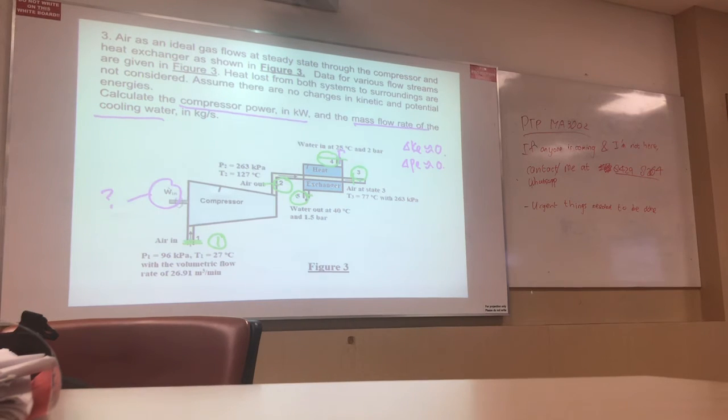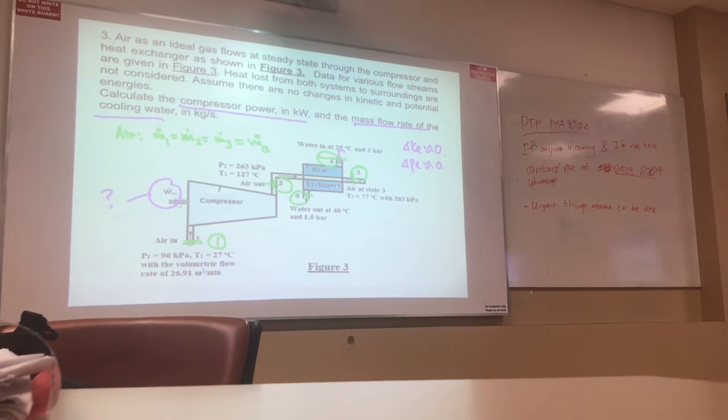So what is the mass balance? Mass balance tells me, for the air, I can say m dot 1, m dot 2, m dot 3 are the same. It's no difference. You can say this is equivalent to m dot air.